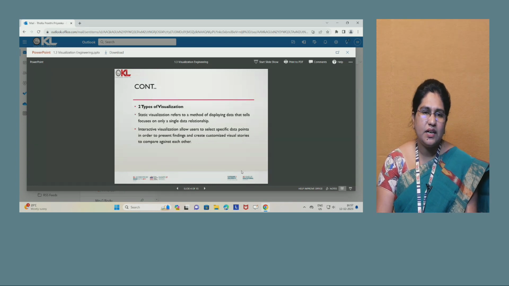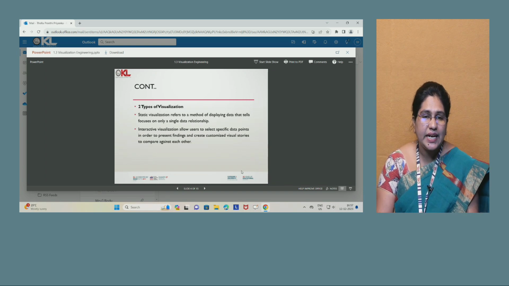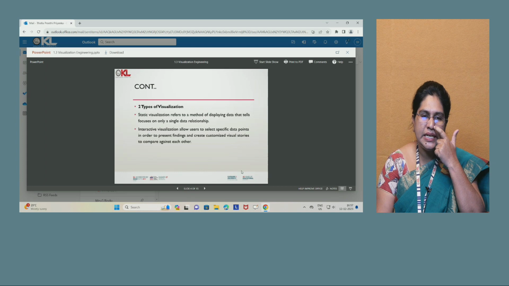Static concentrates on a single data relationship, but interactive concentrates on multiple stories which can interact with each other.